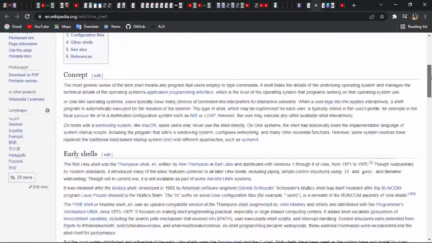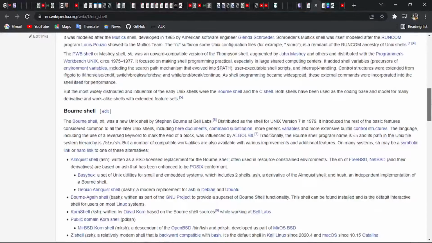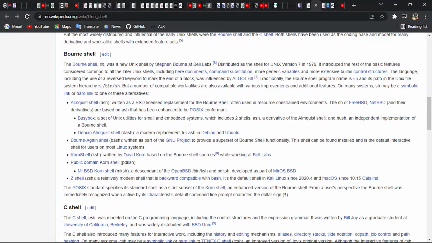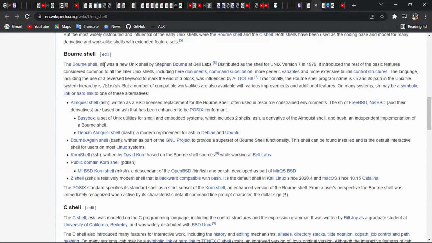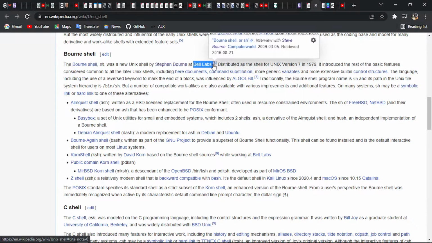So the article was talking about the shell, then talked about the Bourne shell, which was the old and popular one in old Unix systems. And as I said, it was invented by Stephen Bourne at Bell Laboratories.